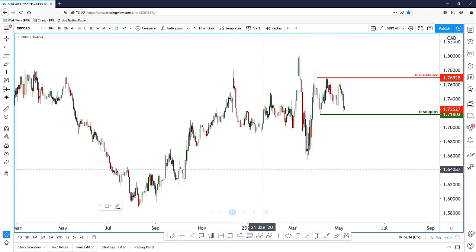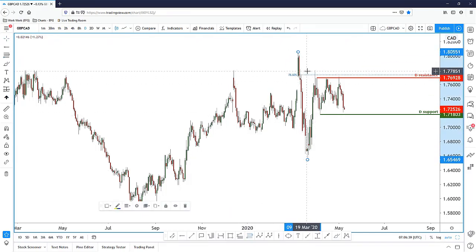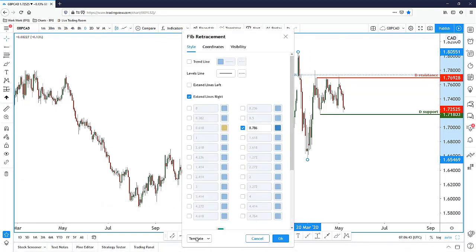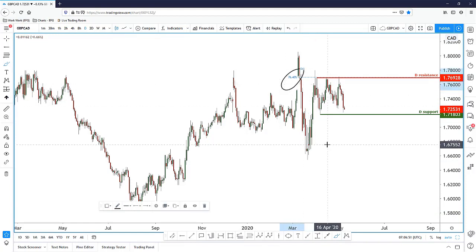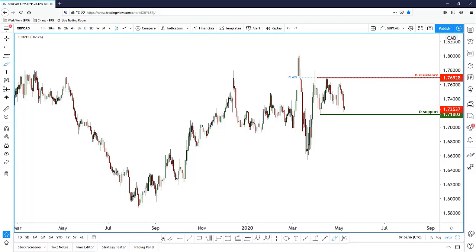Let's use the retracement tool from the swing high to the swing low, and price is quite close to the 78.6. If I change it to 76.40, which is also another Fibonacci retracement ratio, the daily resistance falls right on the 76.40 level. So this is definitely a strong daily resistance level.